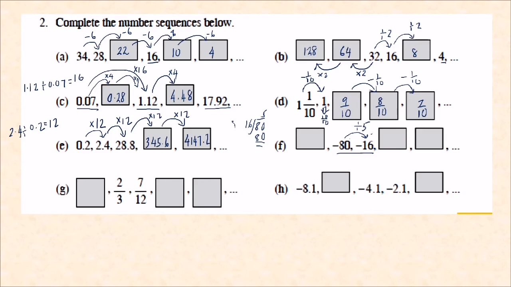Okay, so negative 16 divided by 5 is negative 3.2. Negative 3.2 divided by 5 again, we will obtain negative 0.64.